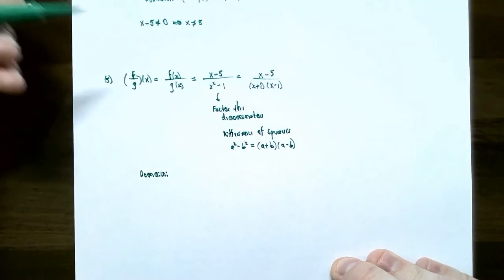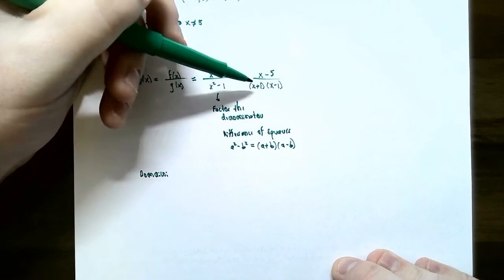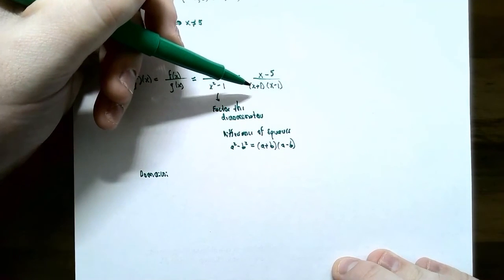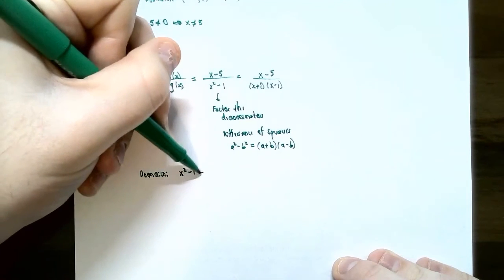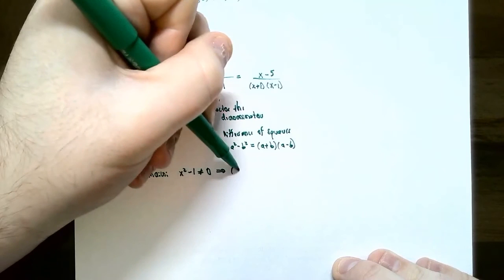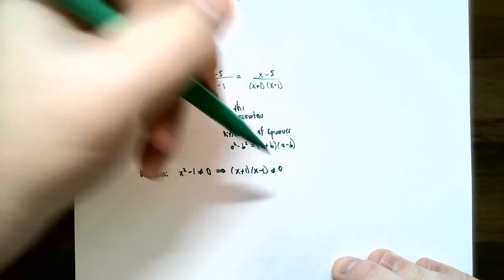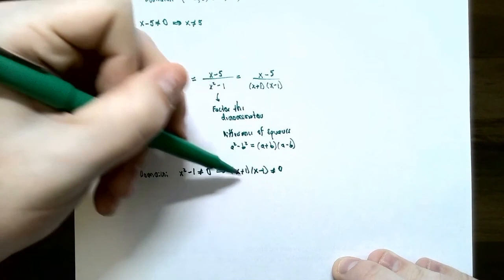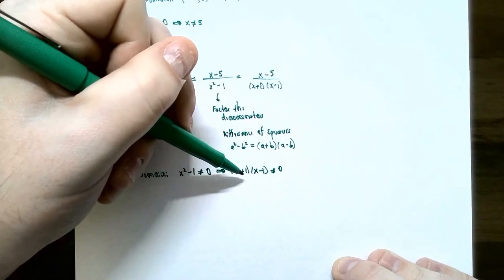Keep in mind that the numerator is not important when you're finding out the domain. So the denominator cannot be 0. That means x squared minus 1 cannot be 0. Or that means x plus 1, x minus 1 cannot be 0 when you factor it. Well, if you have two things that multiply that give you not 0, they both have to be not 0.